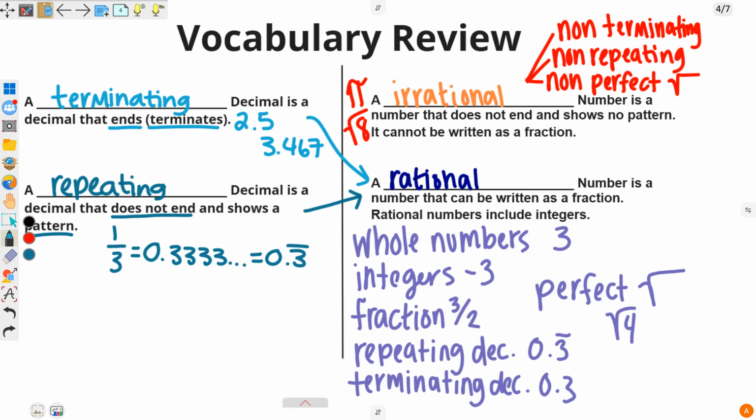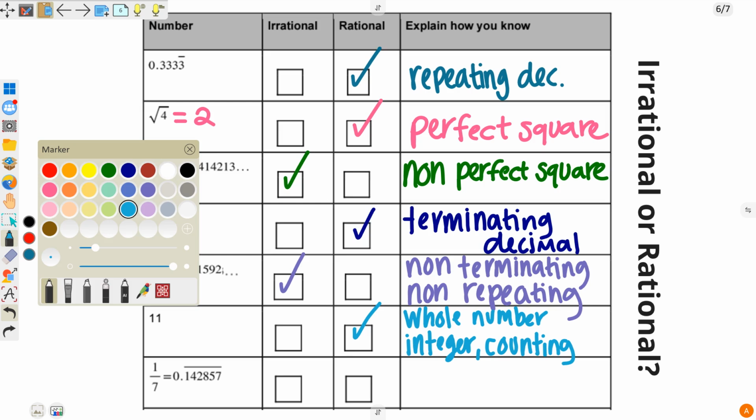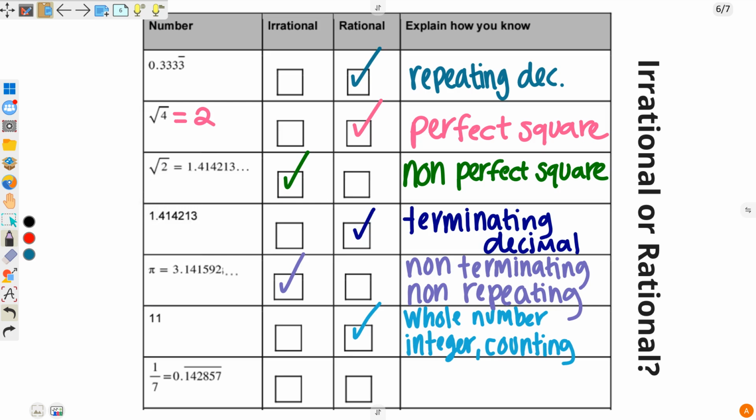A rational number is a number that can be written as a fraction. Well, 1/7, that looks like a fraction to me. So if it's a fraction, it's a rational number.